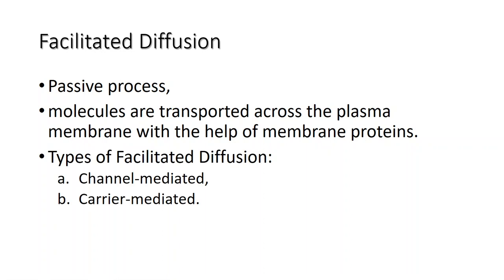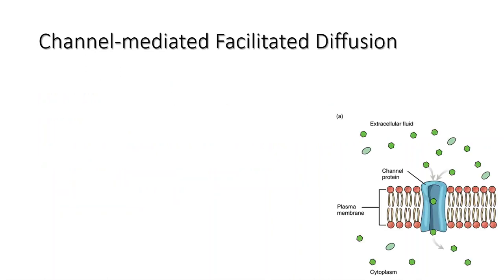The two types are channel-mediated and carrier-mediated facilitated diffusion. The channel is an integral transmembrane protein that allows passage of small inorganic ions that are too hydrophilic to penetrate the non-polar interior of the lipid bilayer.